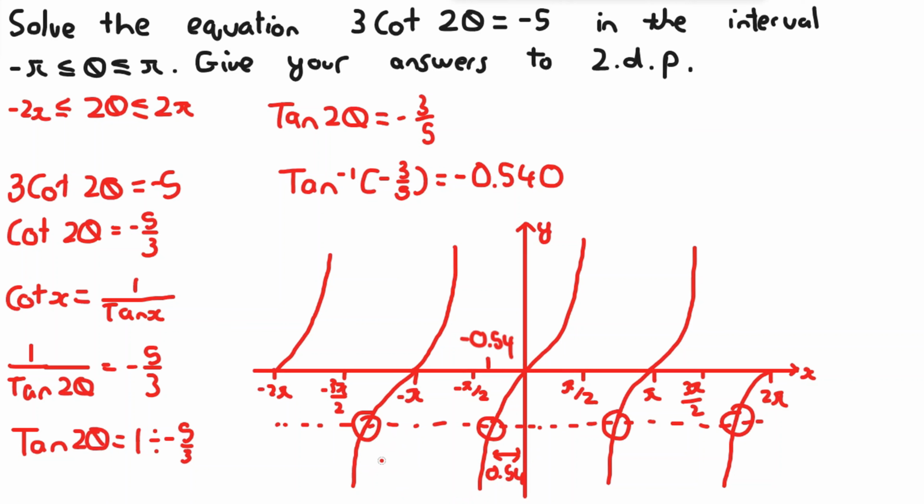So this value here, the difference here, is also going to be 0.54, so therefore this value is going to be minus pi minus the difference to get to this point, which is 0.54, which if you put into a calculator is equal to minus 3.68.